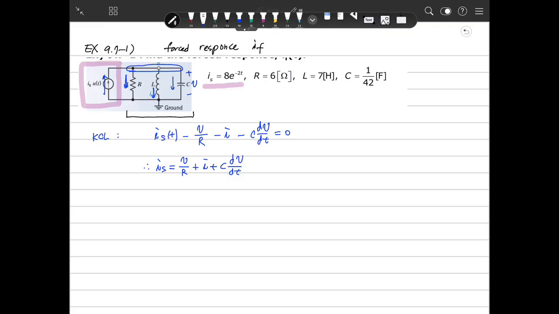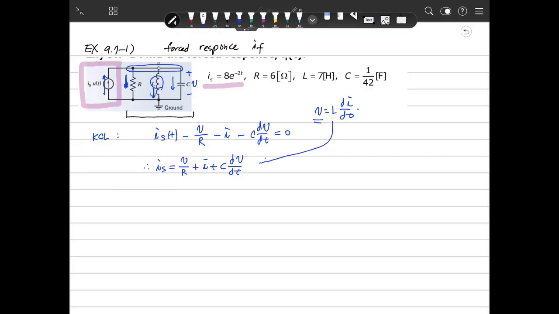And we need one more equation. What's that? From the inductance, we know that v is L di/dt. What I want is the current, so we replace v with the current.